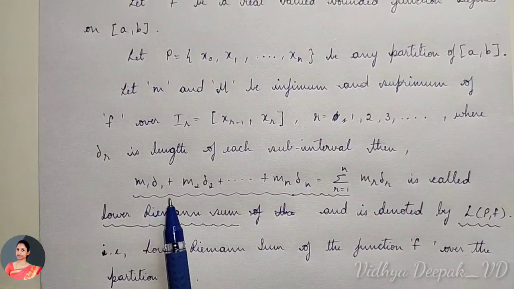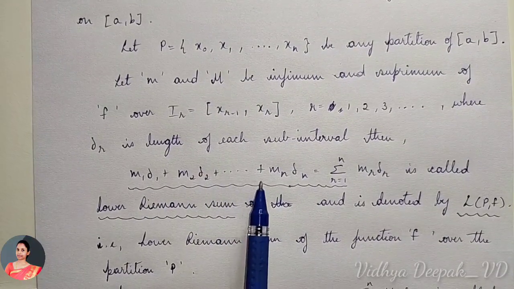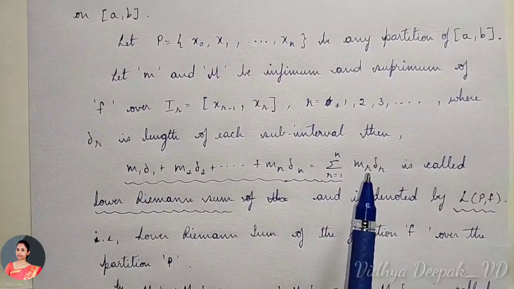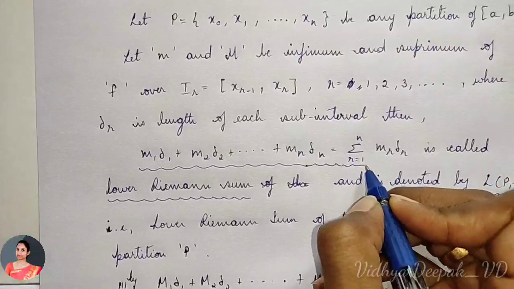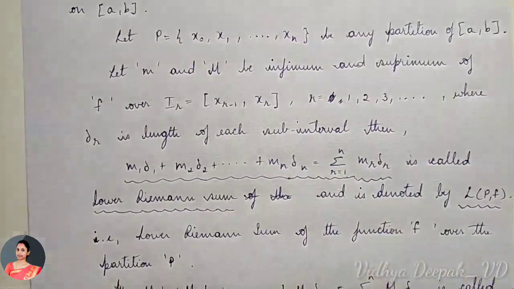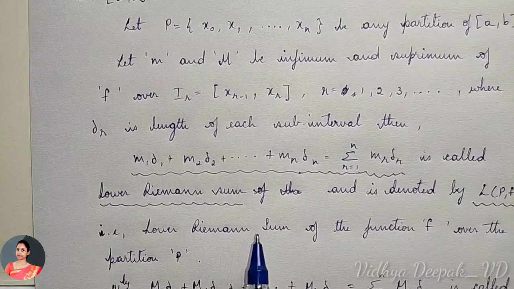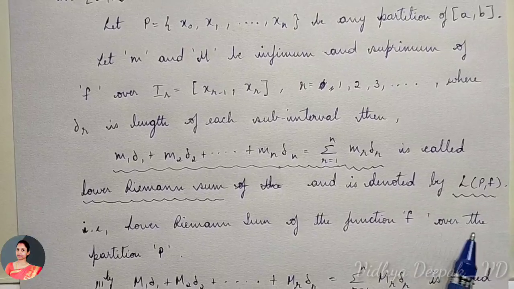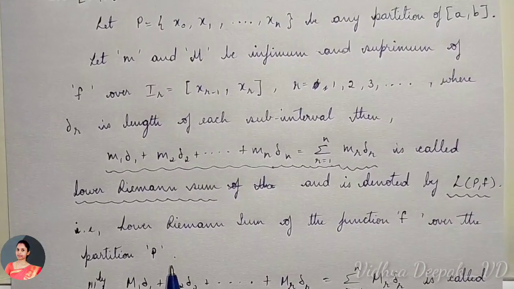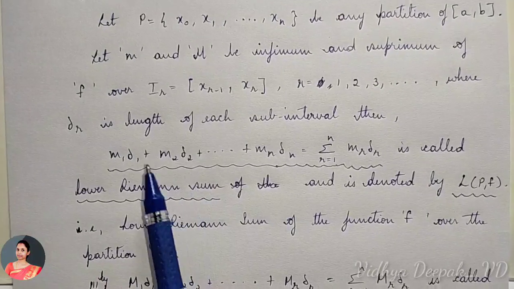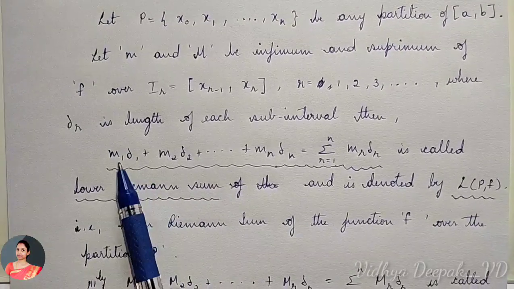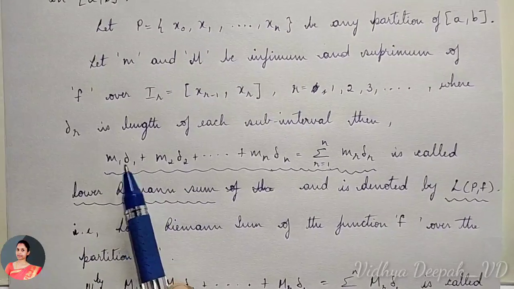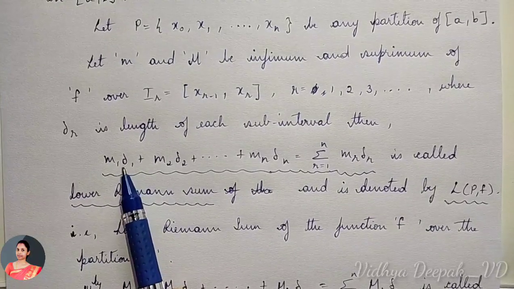Then m1 delta 1 plus m2 delta 2 plus etc. plus mn delta n, equal to the sum from r equal to 1 to n of m_r delta r, is called the lower Riemann sum and is denoted by L of P comma f, that is, the lower Riemann sum of the function f over the partition P. So we have the formula of the lower Riemann sum to be m1 delta 1 plus m2 delta 2. What is m? Small m is the infimum, delta is the length of the subinterval.